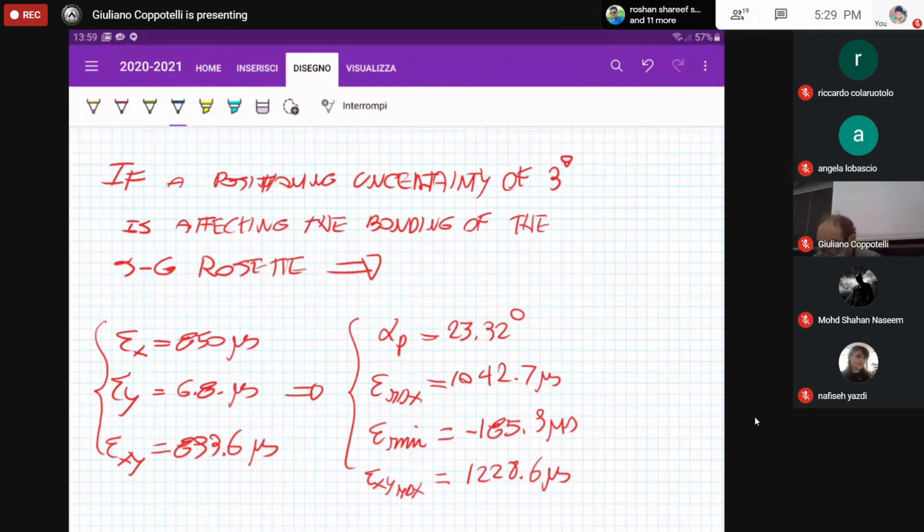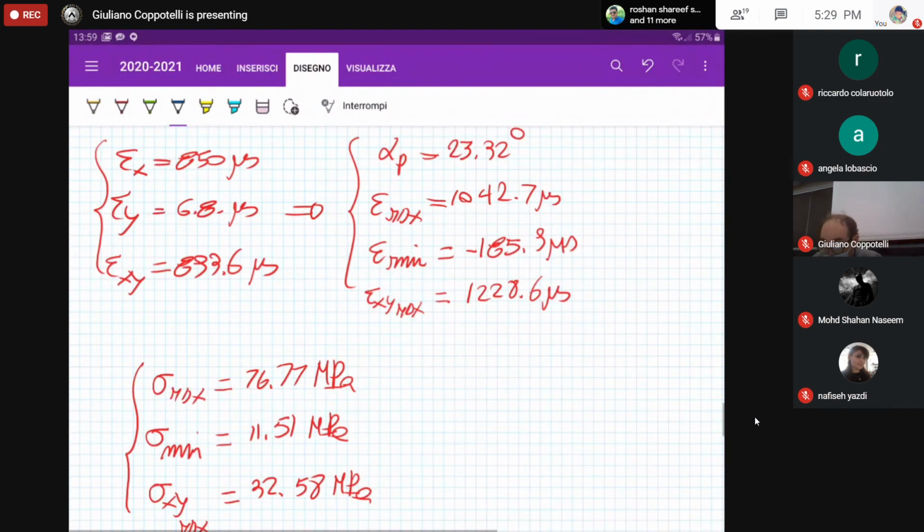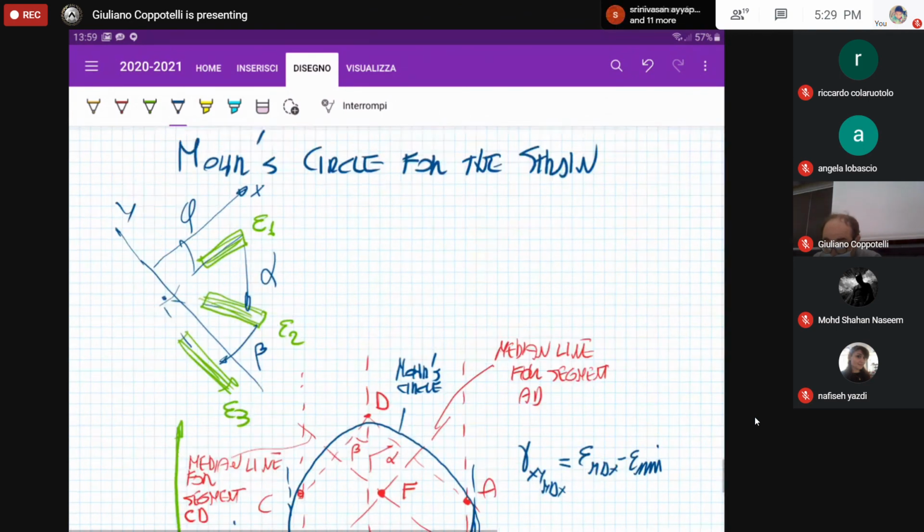And then we had a tool for graphically obtaining these principal quantities for the strain that is called the Mohr circle.